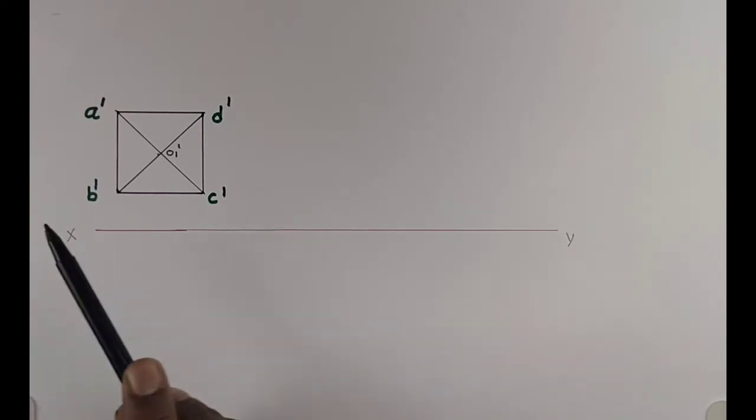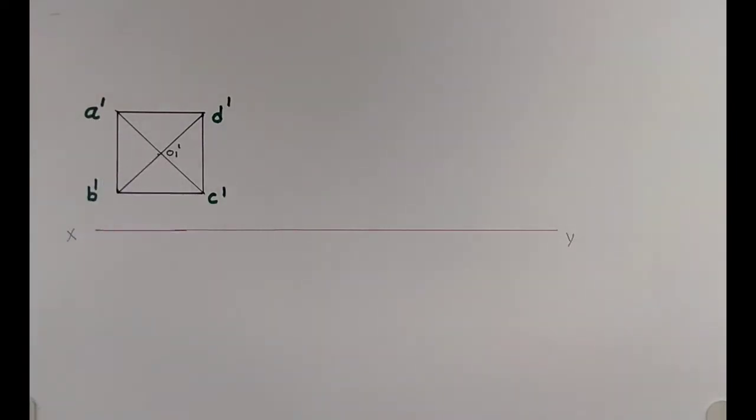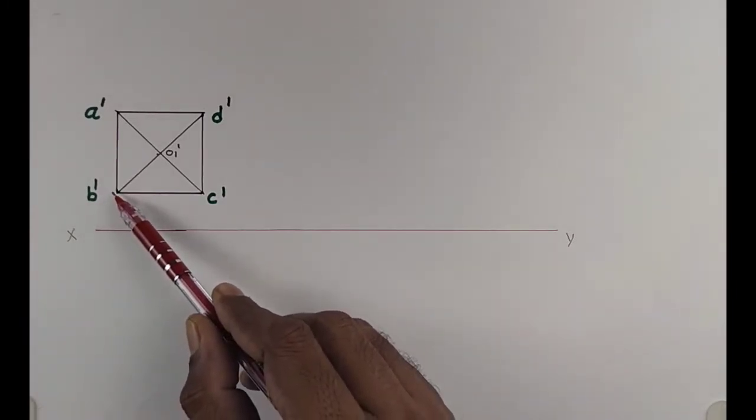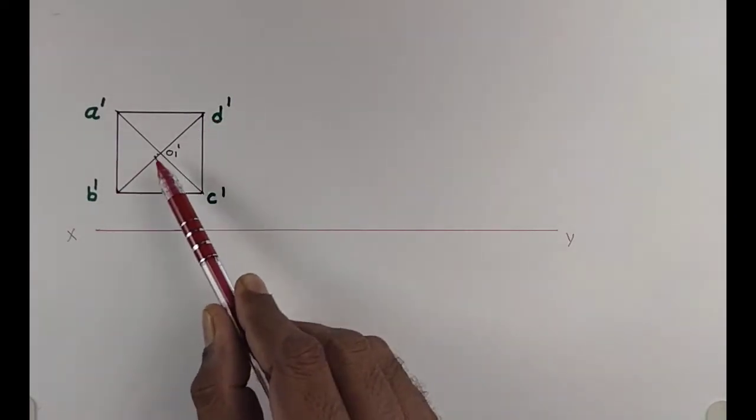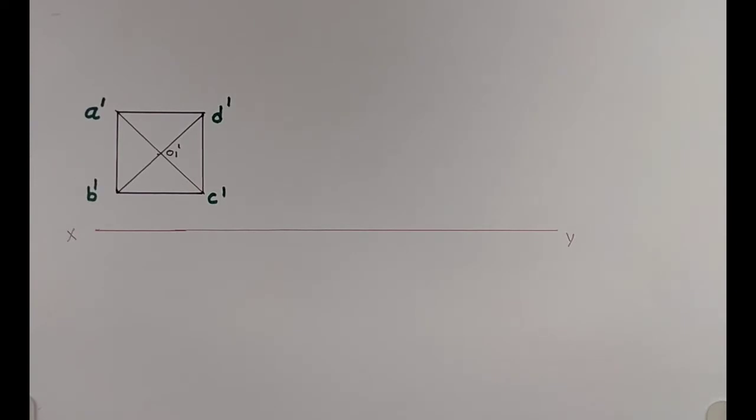So in our elevation A dash O1 dash represents the elevation of slant edge. Similarly, the elevation of slant edges B dash O1 dash, C dash O1 dash, D dash O1 dash.